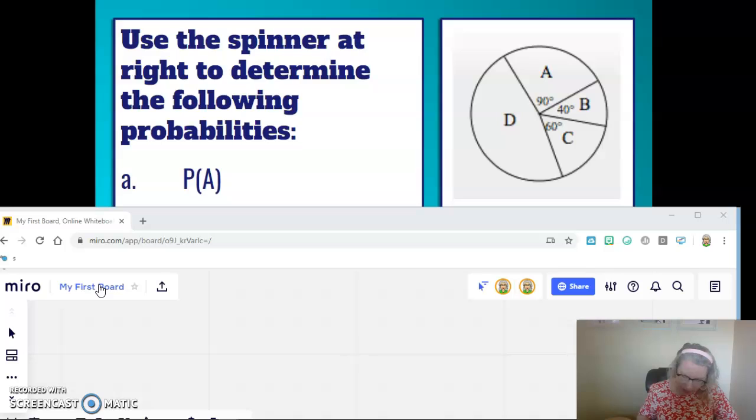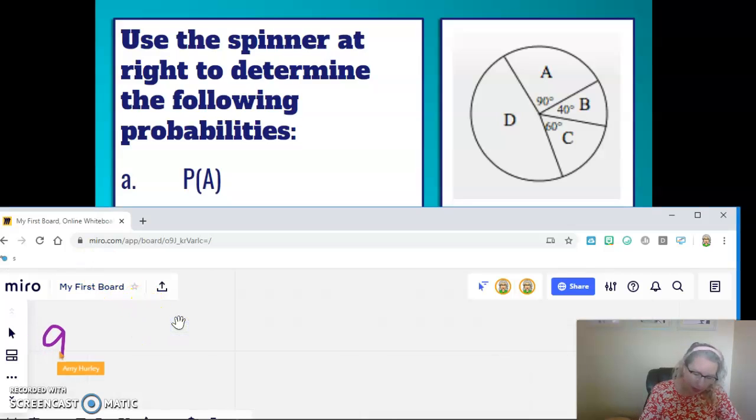That angle is 90 degrees, so that is 90 out of a possible 360 degrees, right?